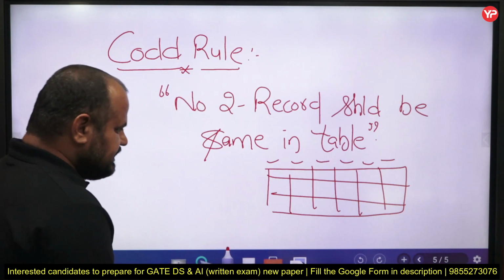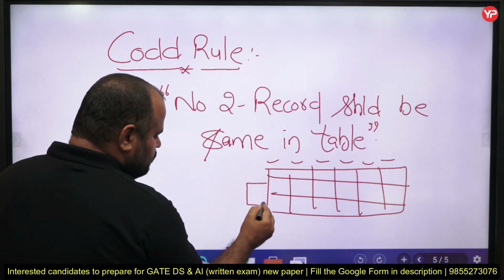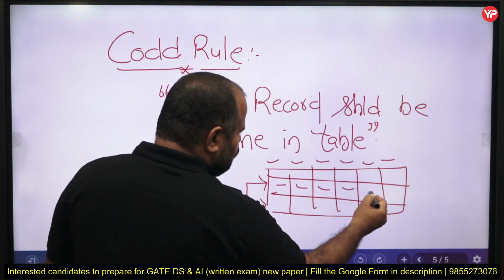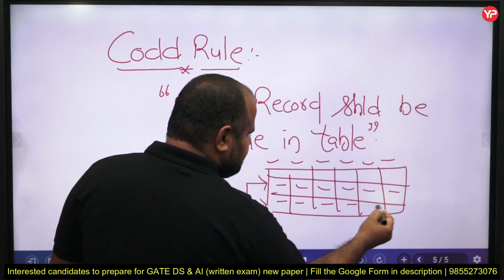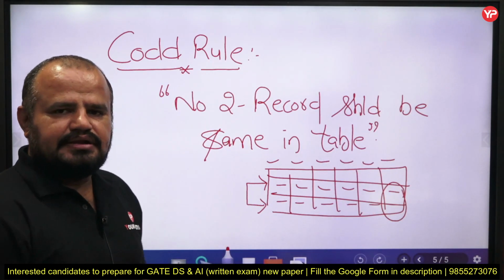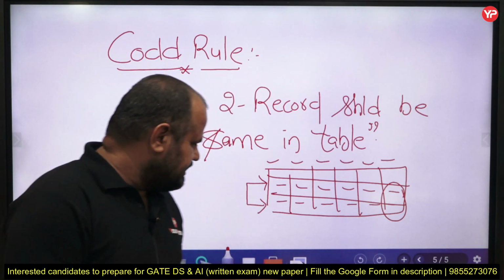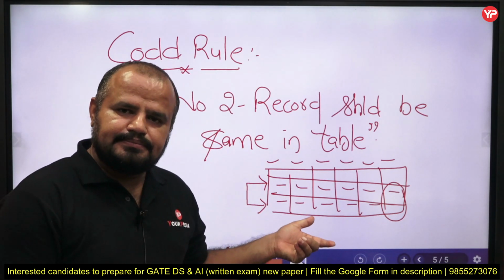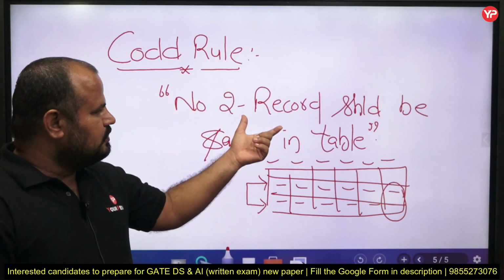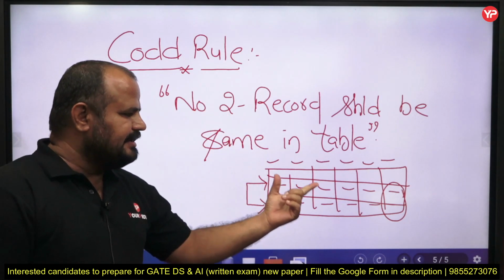If I say that two records are the same, it means every attribute value is the same. If even one attribute value is different, then I cannot say these two records are the same. So Codd says that no two records should be the same in my table.